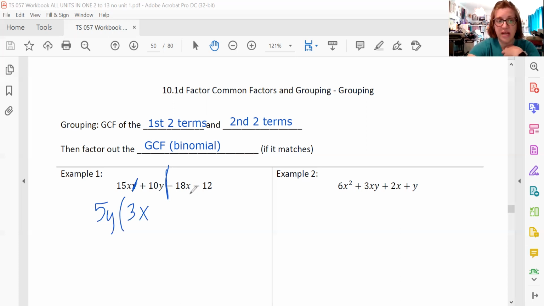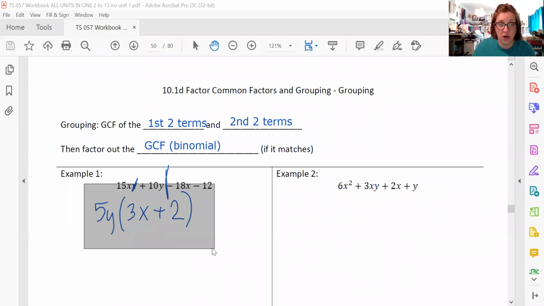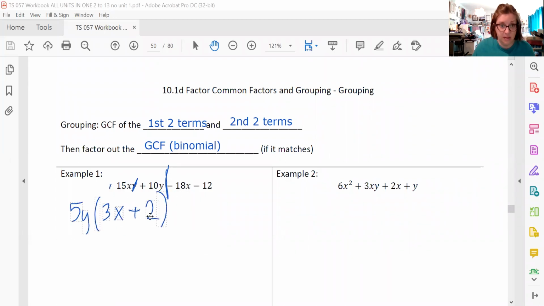So I factored it out of this first term. Now I'm going to factor it out of 10y. 10 divided by 5 is 2, and y divided by y is nothing. So I've factored those first two terms.